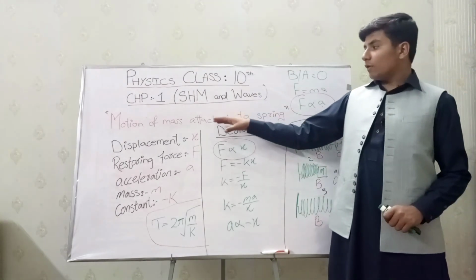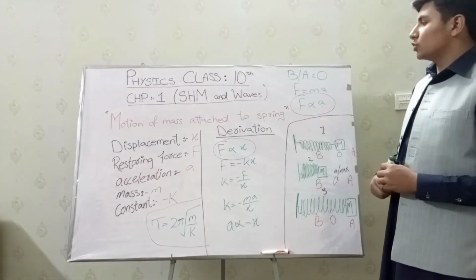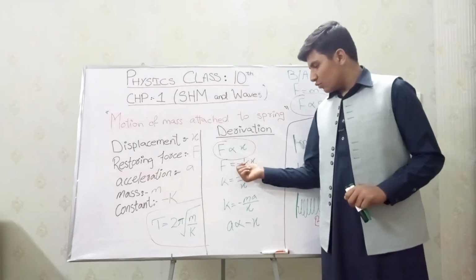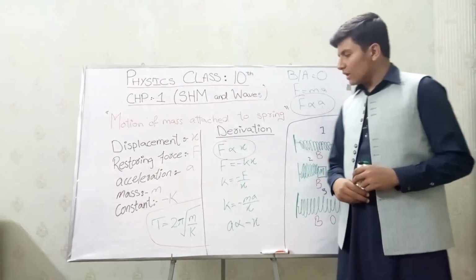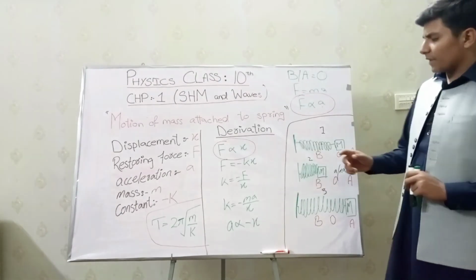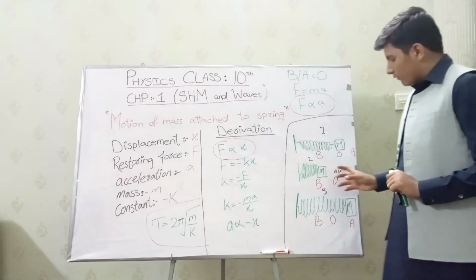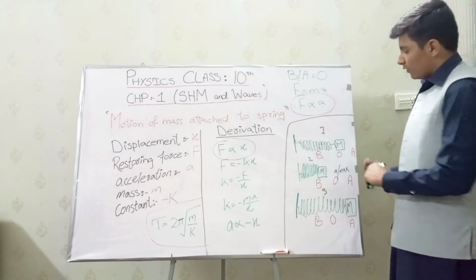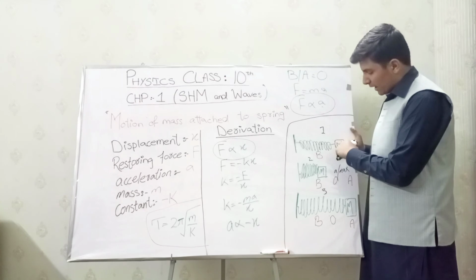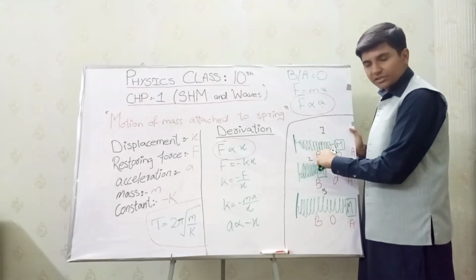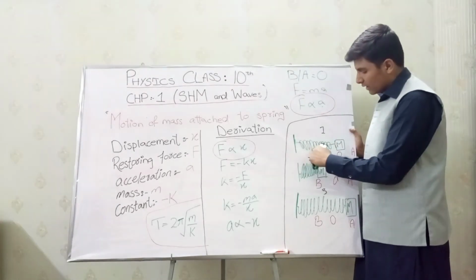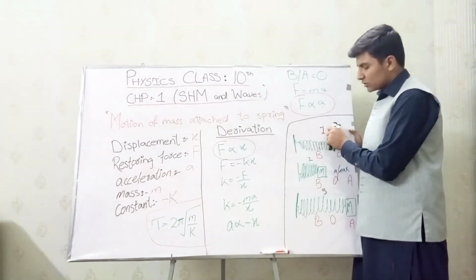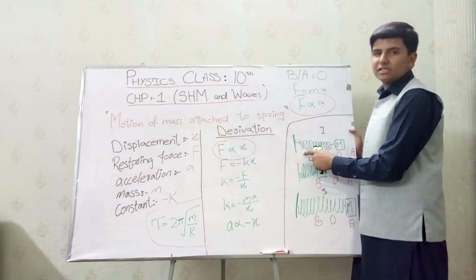So this was the actual phenomenon of the motion of a mass attached to a spring. I told you that I'll tell you in the end why we use a minus sign here. It is that whenever you apply a force, for example the external force applied on the spring, it decreases the displacement. The force applied decreases the displacement.